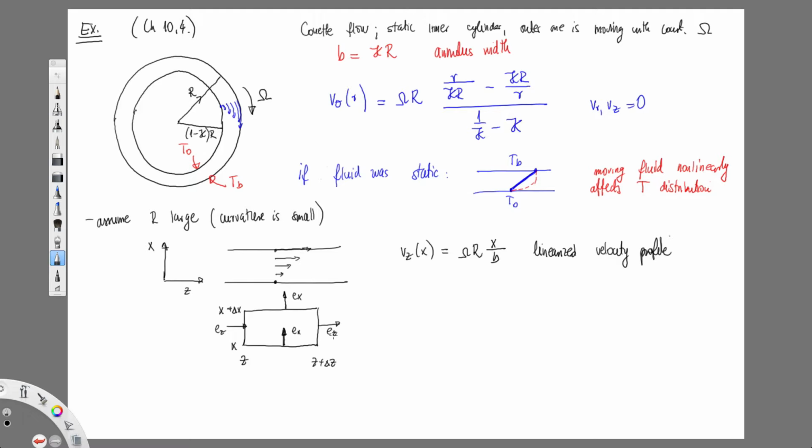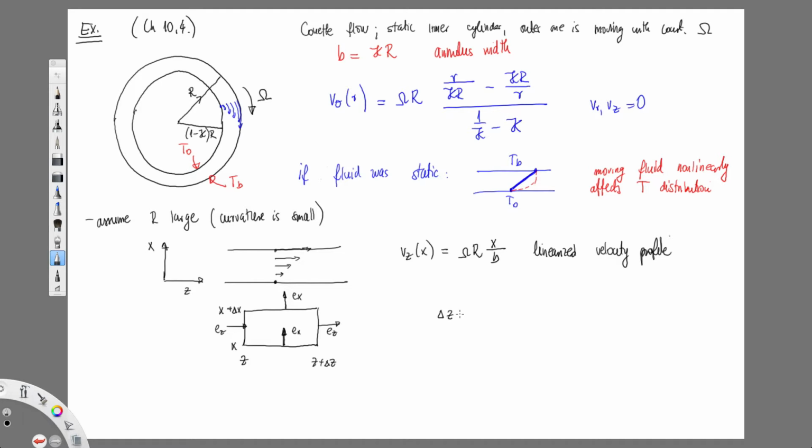In order to balance, I'm going to quantify the length here, delta Z, times some length in the third direction that I'm just going to put as W. It doesn't really matter.